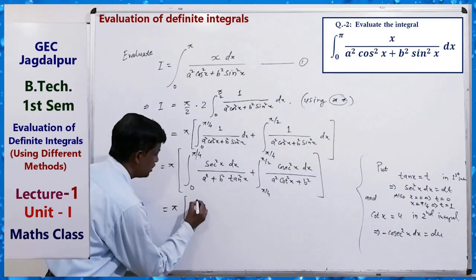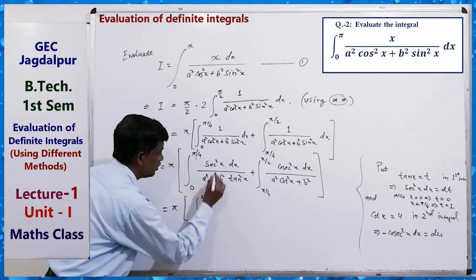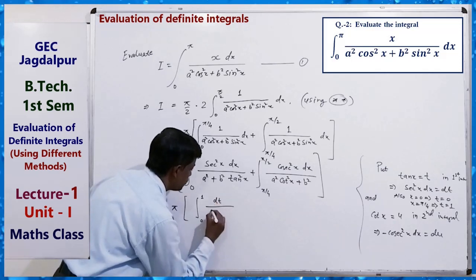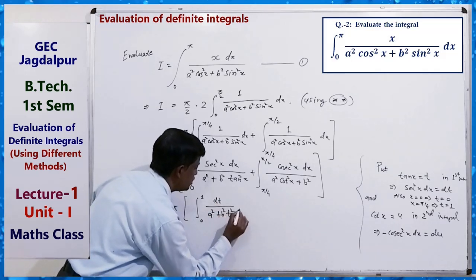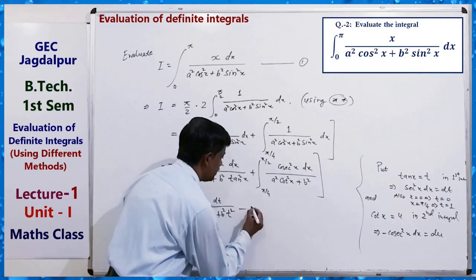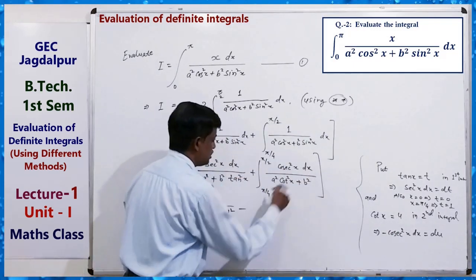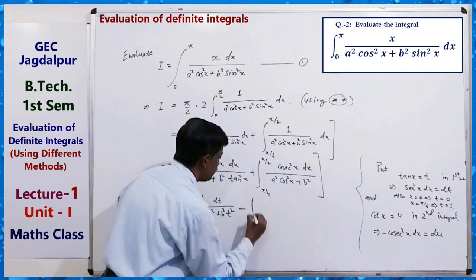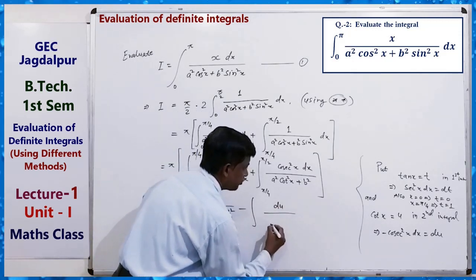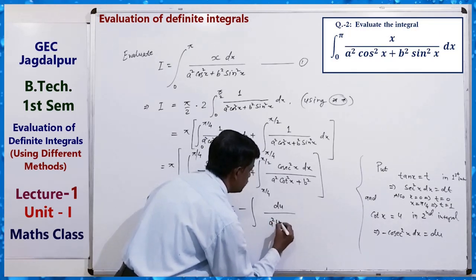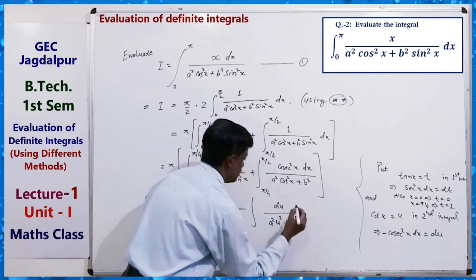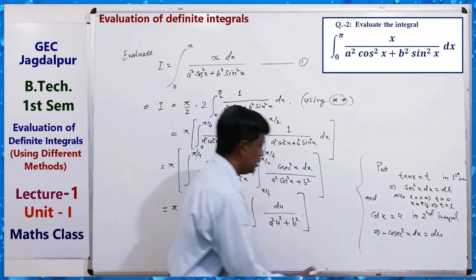So in the first integral, limit 0 to 1, and sec square x dx equals dt, so dt upon a square plus b square t square. This is the first integral converted by this substitution. Similarly here, minus sign, cosec square x dx is minus du, so minus of du upon a square u square plus b square. And what will the limit be?